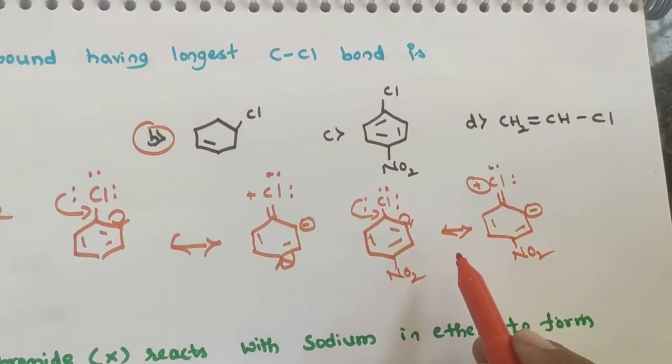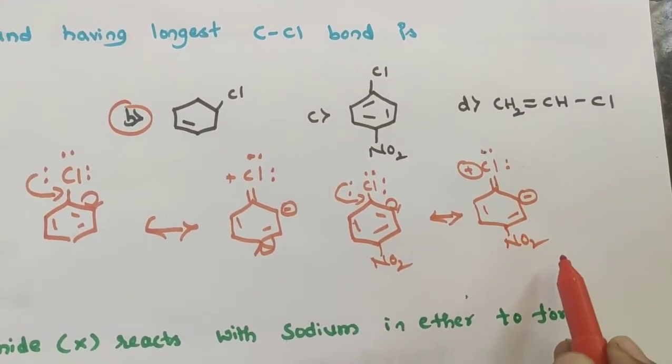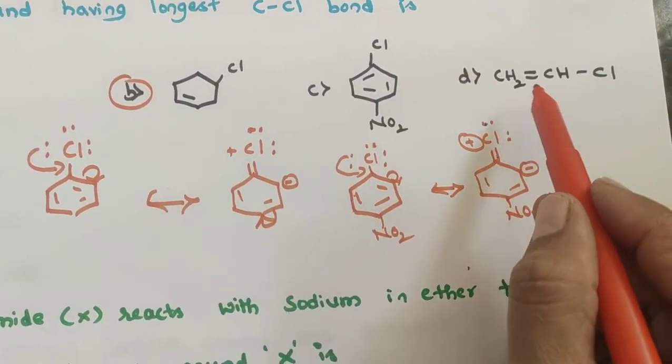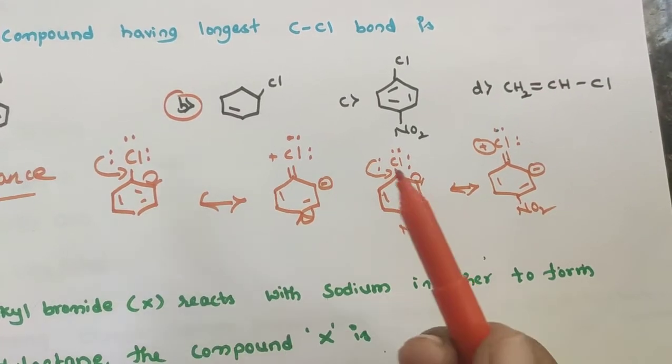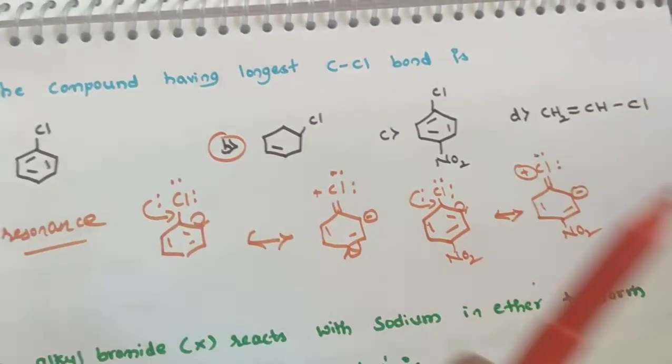So this is 1-chloro-4-nitrobenzene. A similar case appears in vinyl chloride as well, but our exact option is B.